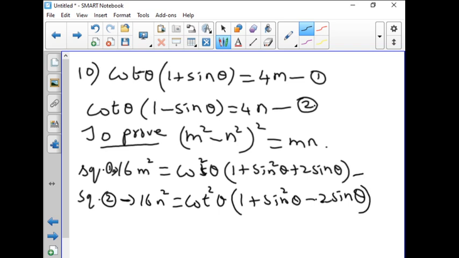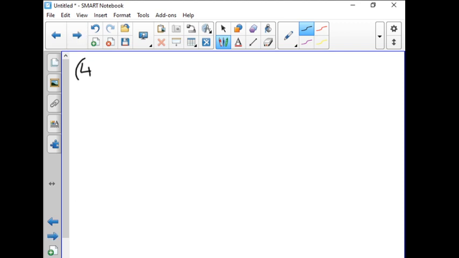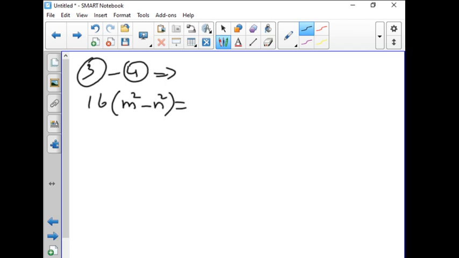Take the first as 3 and the second as 4, so 3 minus 4 gives you 16 into (m square minus n square) is equal to cot square theta into (1 plus sine square theta plus 2 sine theta).